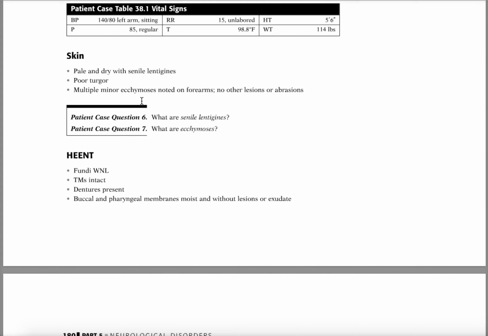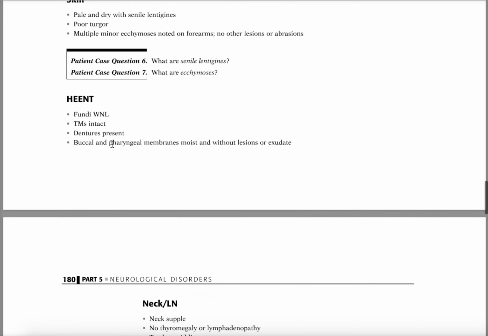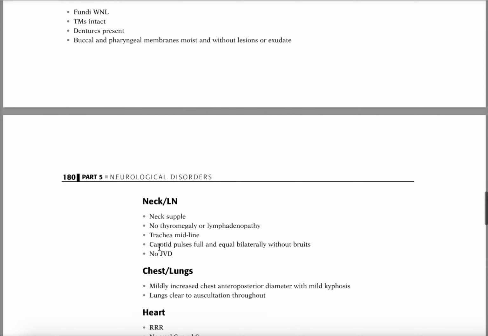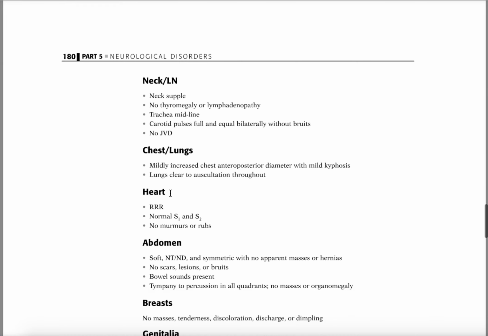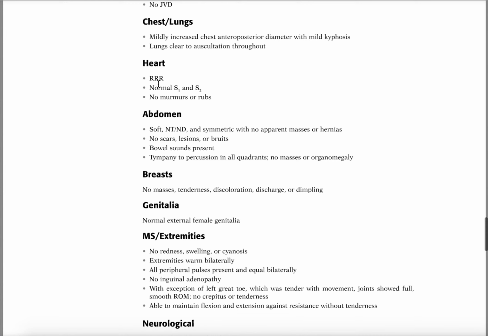Multiple minor ecchymoses, so bruising on the forearms, no other lesions or abrasions. Head within normal limits. Dentures present, buccal and pharyngeal membranes moist. And then what else? Neck supple, so no JVD, so no heart issues that we're looking for. So we're kind of saying that everything else seems pretty normal for her. The one thing that we're looking at is cognitive function. Everything else, no murmurs, no AFib, soft, non-tender.